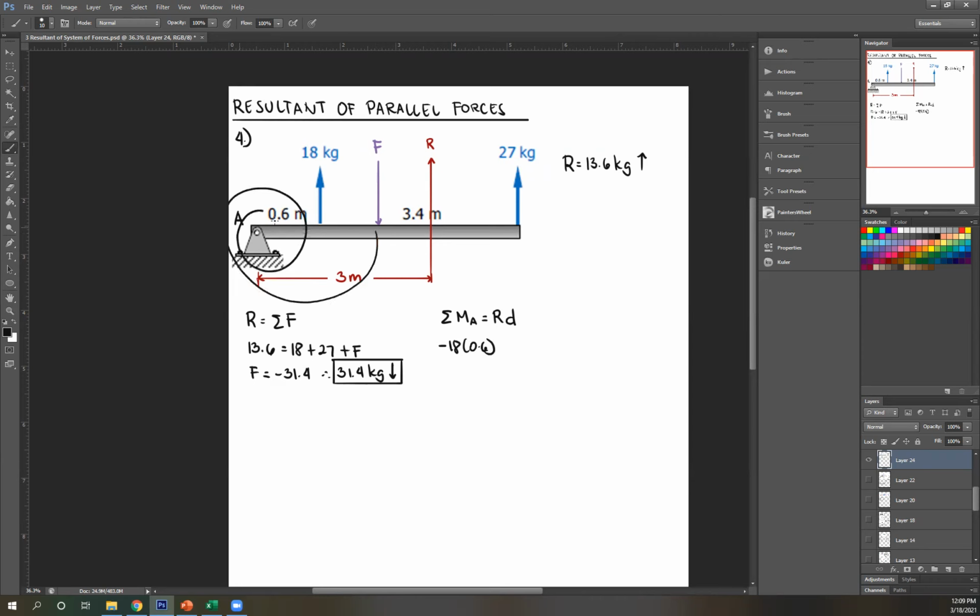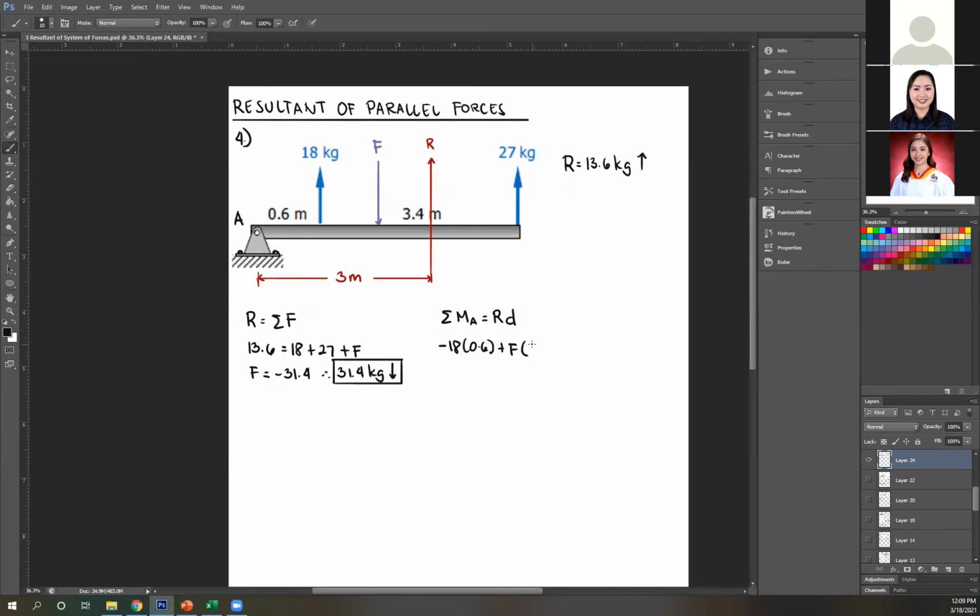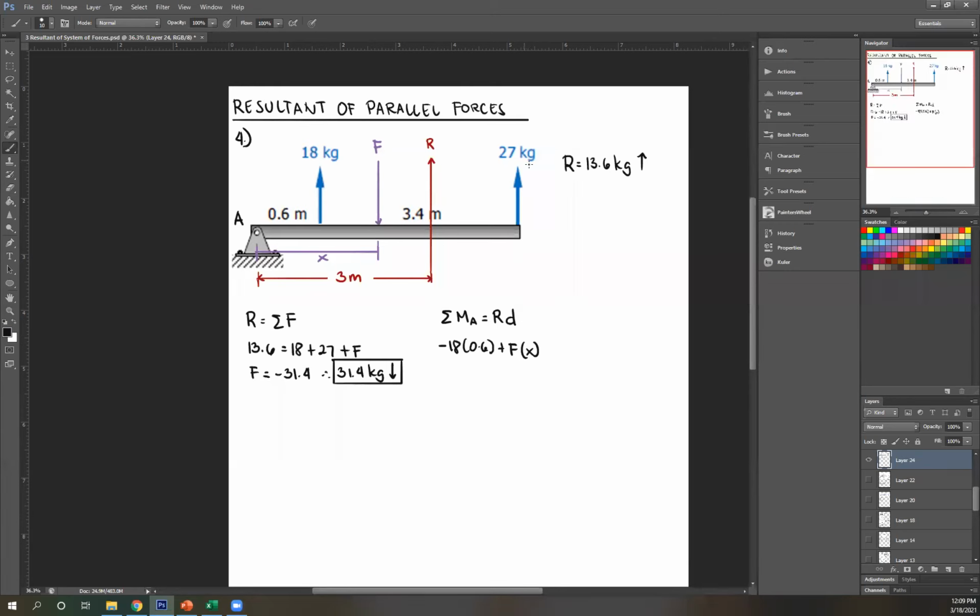Next, F: rotating F about A is clockwise, so positive F multiplied by the distance, which we'll call X. So F times X. And then 27: rotating about A, that's counterclockwise, so negative 27, then distance 0.6 plus 3.4, that is just 4.